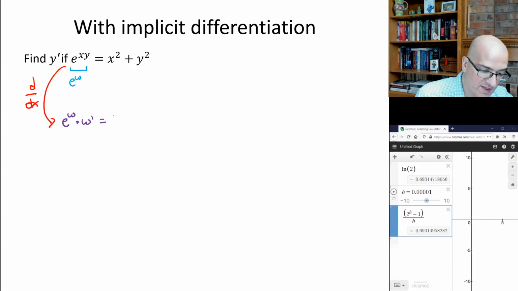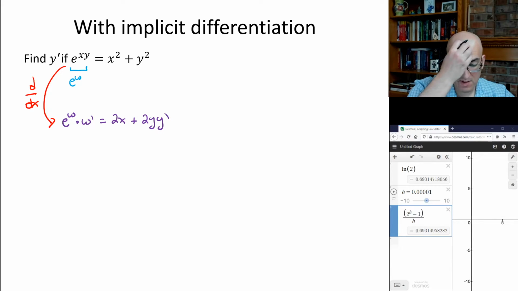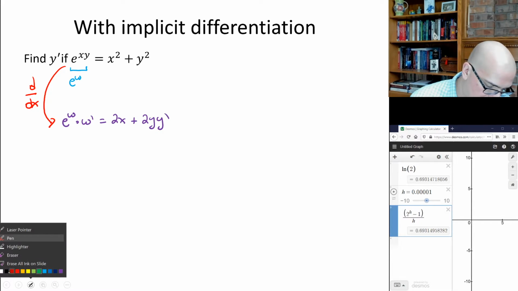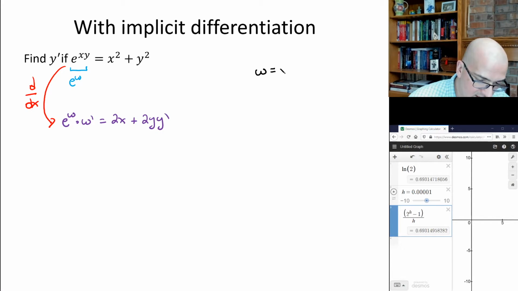The derivative of x squared is 2x, and the derivative of y squared is 2y y prime. Now the w prime piece, we're going to have to be a little careful calculating that, so I'm going to do that off to the side. w is x times y, which is an a times a b. There's a product rule here.